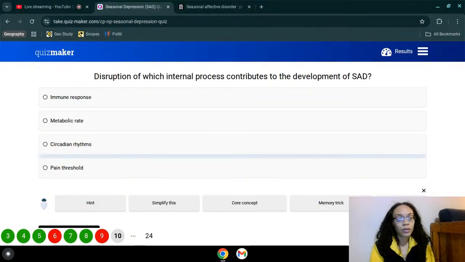Disruption of which internal process contributes to the development of SAD? Immune response, metabolic rate, circadian rhythms, pain threshold.